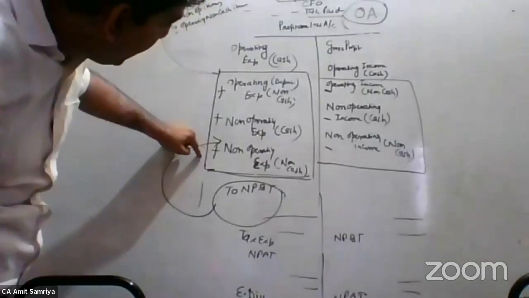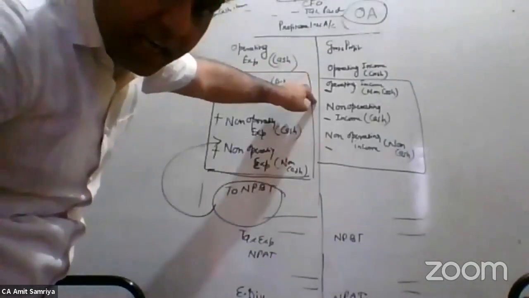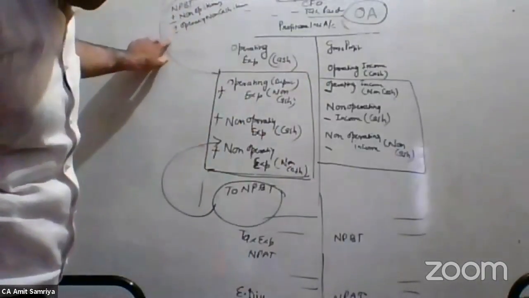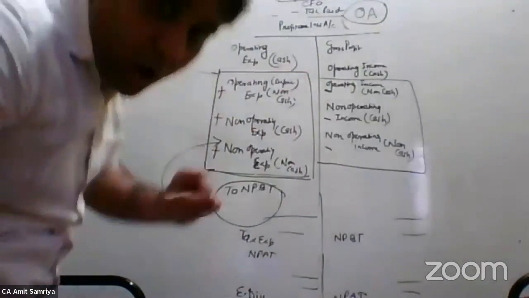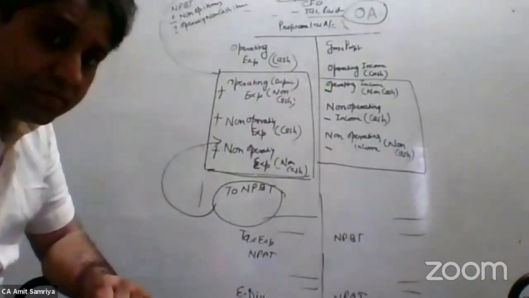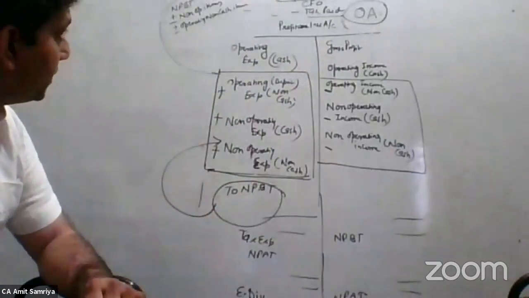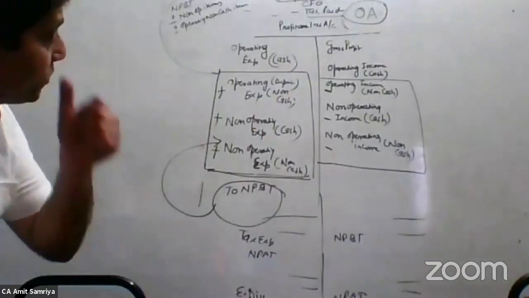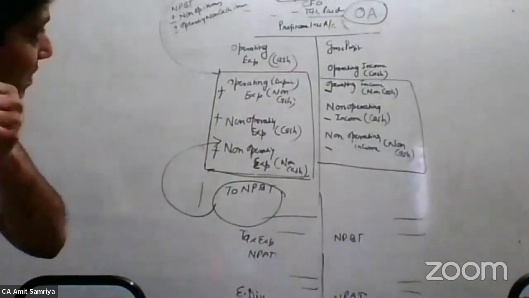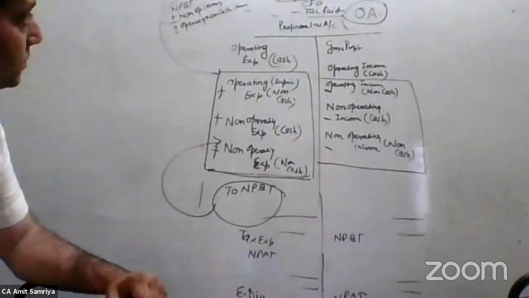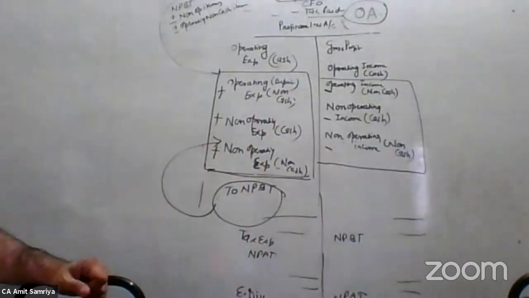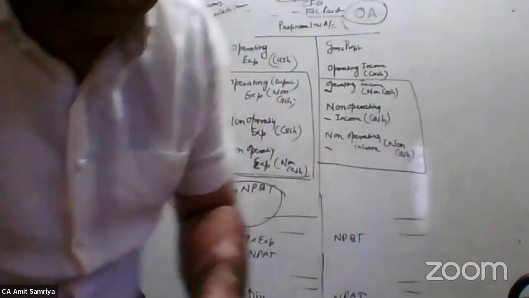Added back if expense, deducted if income, and operating items are added back or deducted only if it is non-cash. Only if it is non-cash. And you will get fund from operation. Adjustment of working capital, then cash from operation, then tax paid, you will get the cash flow from operating activities.